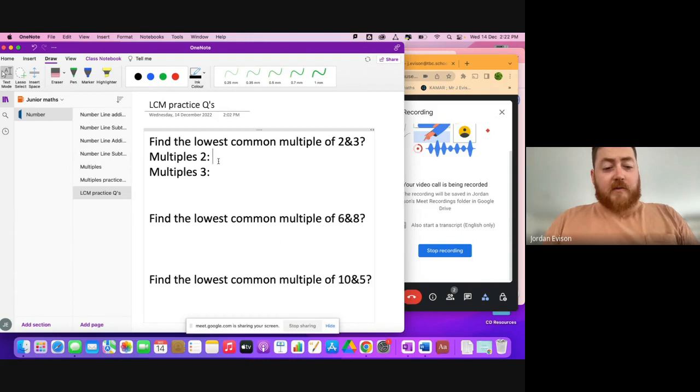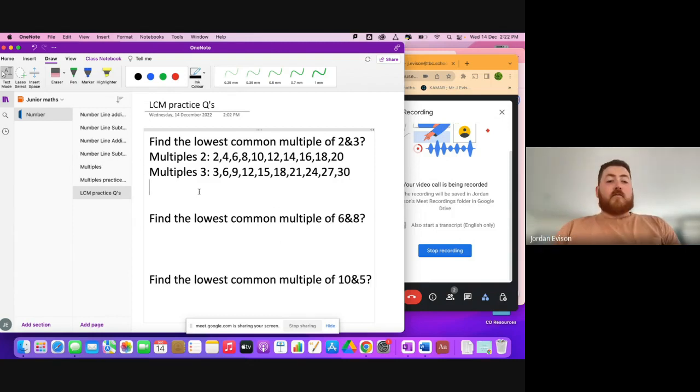So multiples of 2, as we said before, we had 2, 4, 6, 8, 10, 12, 14, 16, 18, and 20. And 3 will be the 3 times tables: 3, 6, 9, 12, 15, 18, 21, 24, 27, and of course 30.